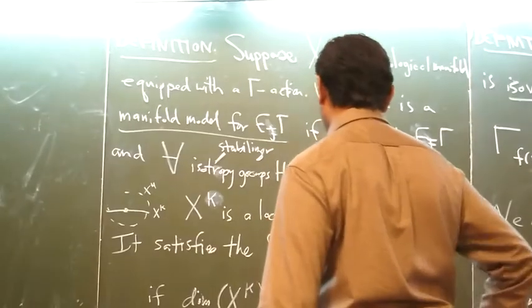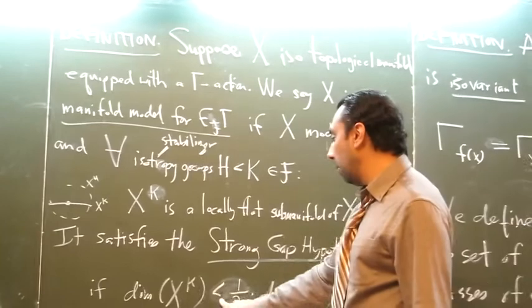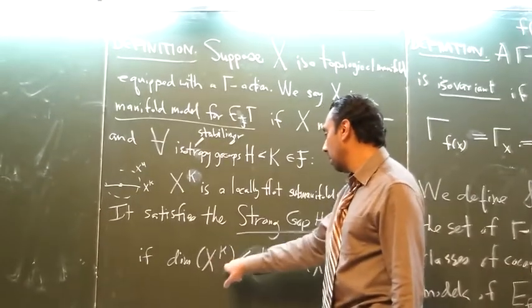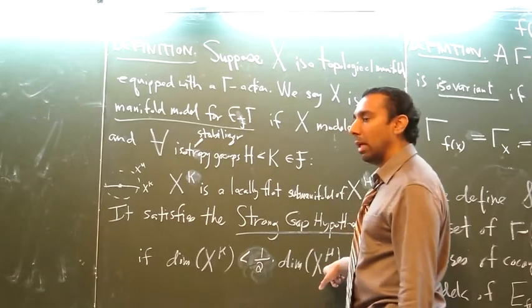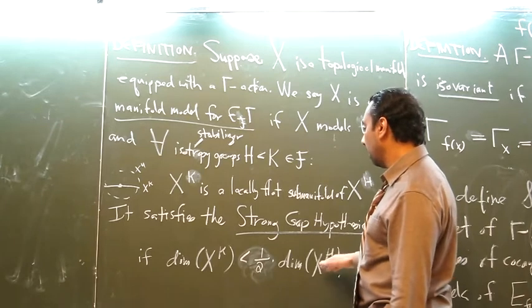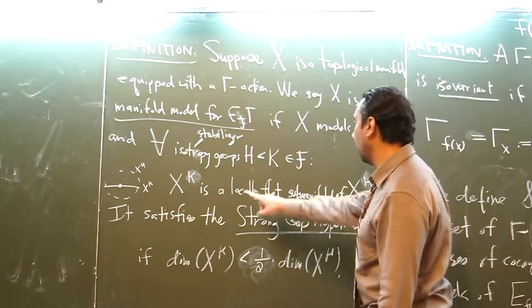Question about your example: the fixed submanifolds are points, and therefore the strong gap hypothesis is not valid? When the fixed sets are just points, then this is 0, and this would be the dimension of X. So it's not 0. These are only isotropy groups.